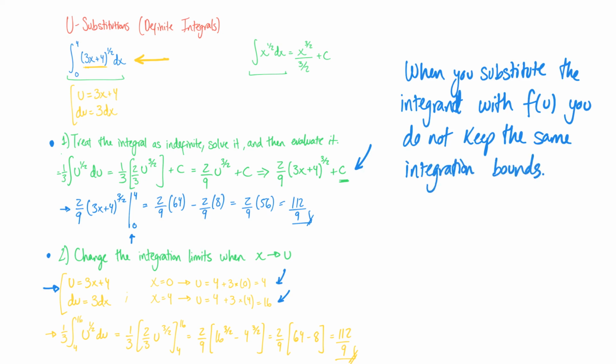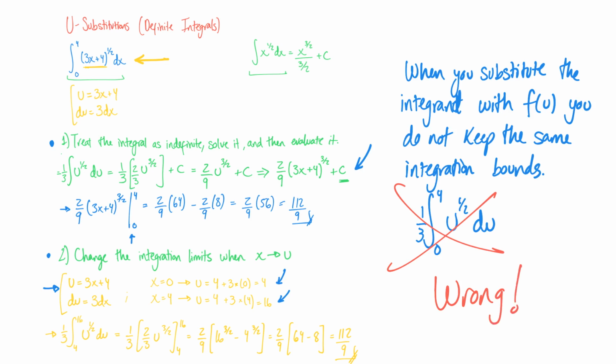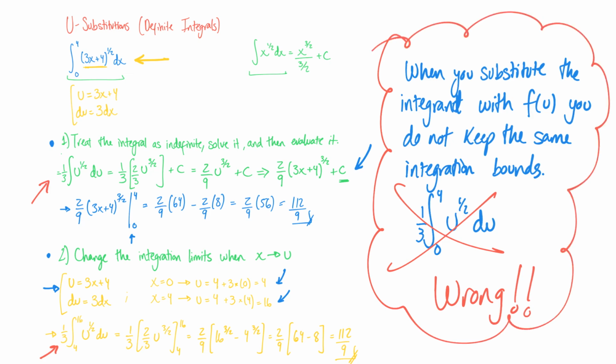What does this mean? That if I had written 0 to 4 of 1/3 u to the 1/2 du, this would have been wrong. So either you do it without the integration limits, or if you're going to add the integration limits, you need to add them properly. This is very, very important because a lot of people make mistakes with that.